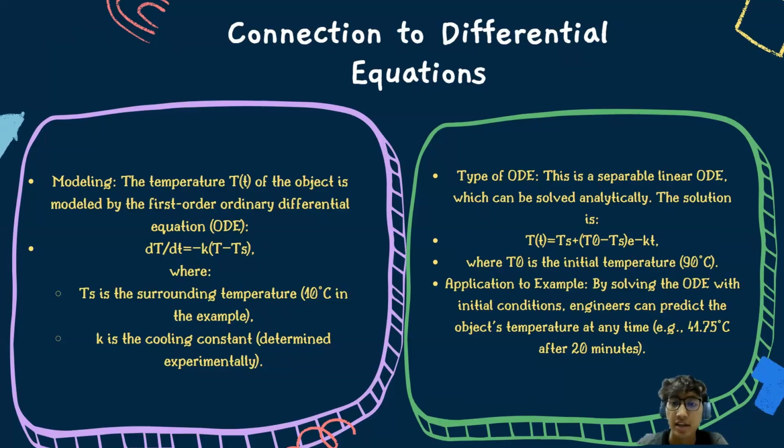The solution is T equals Ts plus bracket T naught minus Ts bracket, to the power of negative kt, where T naught is the initial temperature, that is 90 degrees Celsius. By solving the ODE with the initial conditions, engineers can predict the object's temperature at any time, for example 41.75 degrees Celsius after 20 minutes.